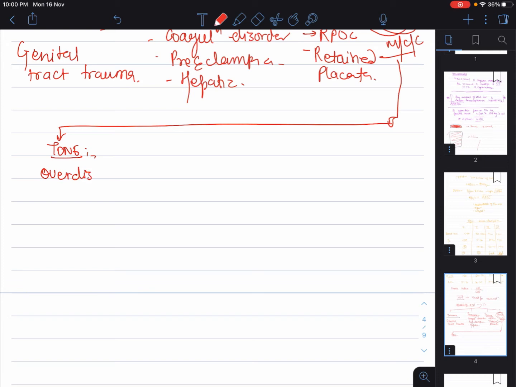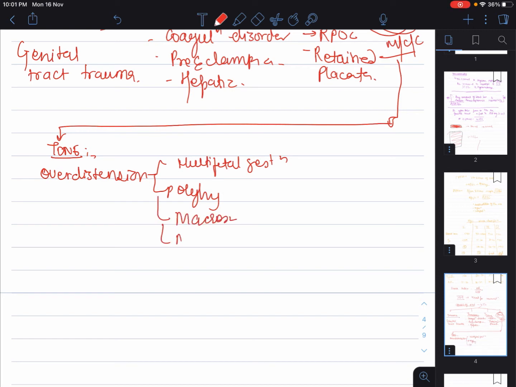Overdistension can be multifetal gestation, or polyhydramnios, or the baby is big, that's macrosomia, or there is multiparity, or there is fibroid. Then we have an overdistension.